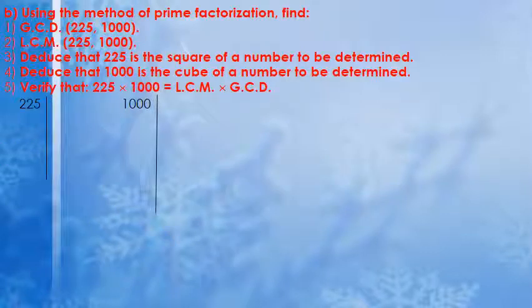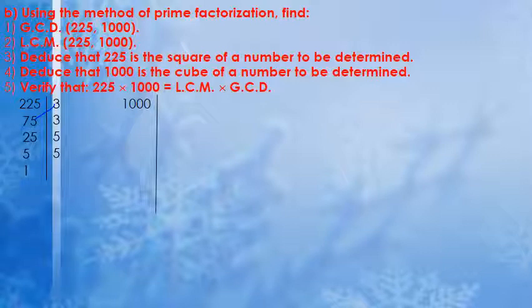Now in part B, we should use the method of prime factorization to find the GCD and LCM of 225 and 1000. 225, can we divide it by 2? No, we can divide it by 3. If we divide 225 by 3, it gives us 75.